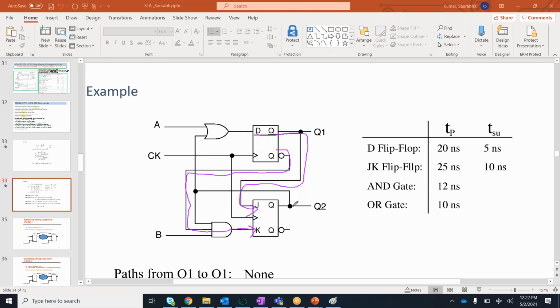Now let's check from this flip flop. One path is going from this guy to this guy and then D. The third path. And another path is from here. Only dots are the connection. So we reached here. Again, this guy is going to the same flip flop.